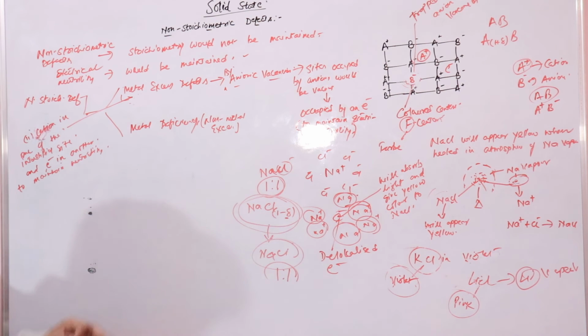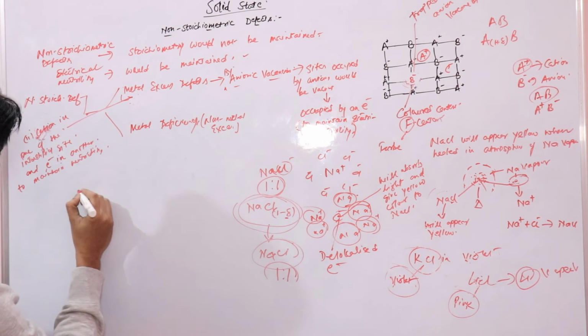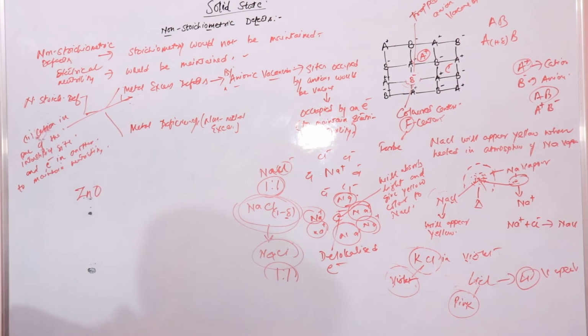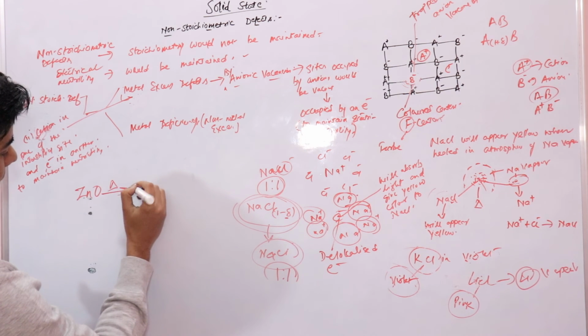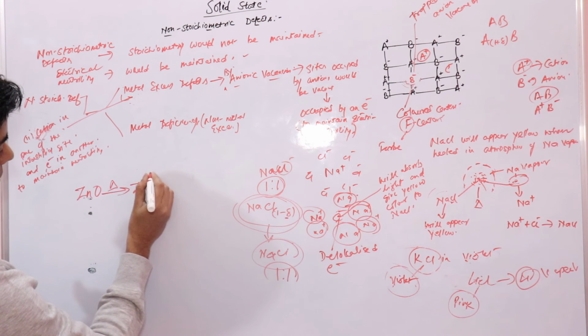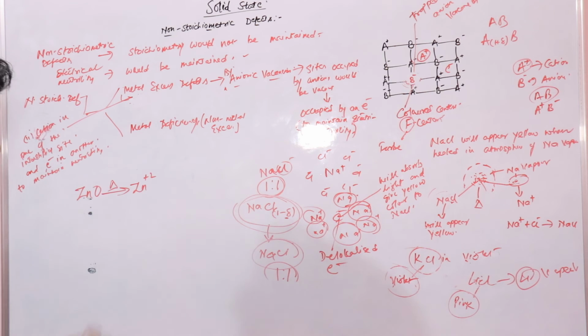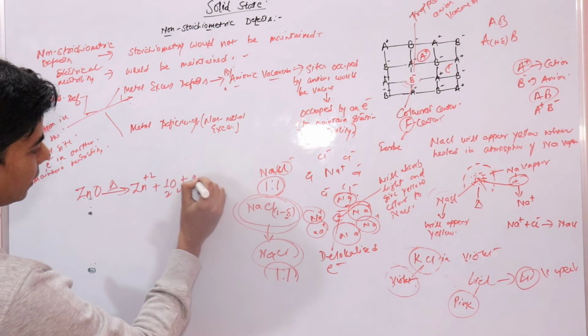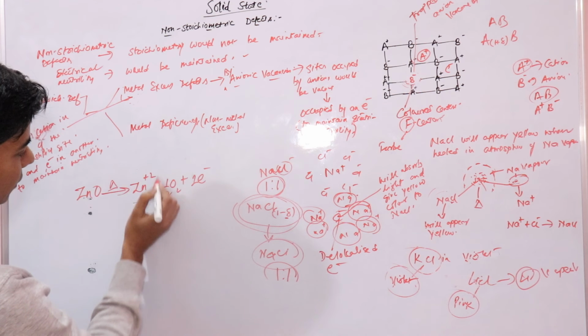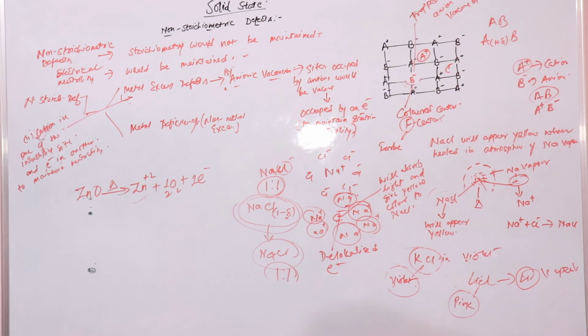And how do we get this? This kind of defect is seen in zinc oxide. When zinc oxide is heated, it will form zinc ion plus half oxygen, and we know zinc is divalent, so it will lose 2 electrons and form zinc ions.